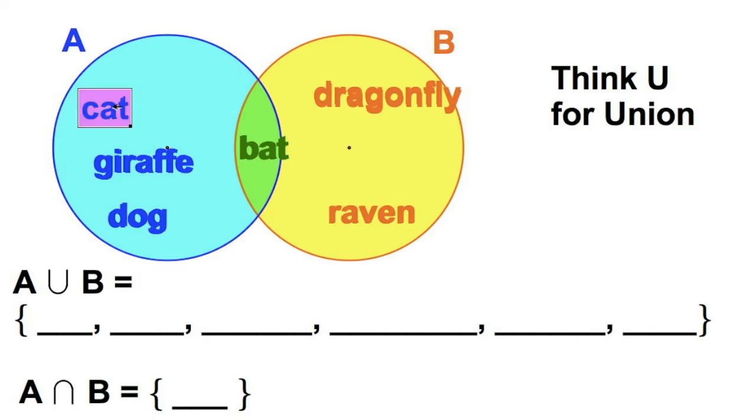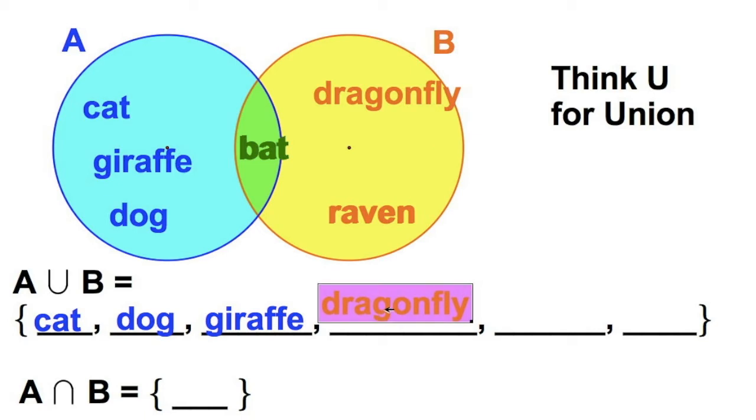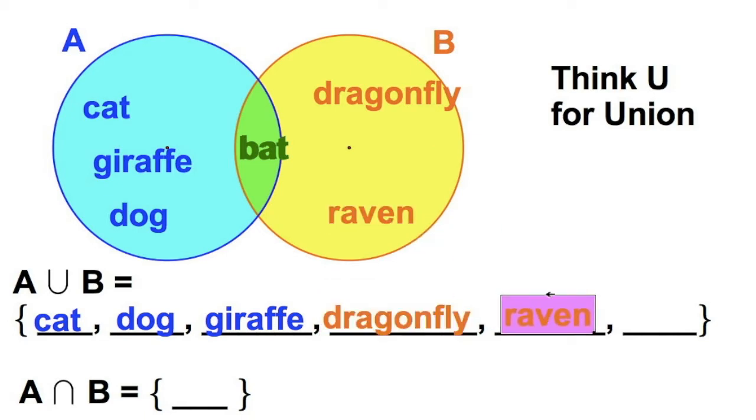I'm going to put down every single element that's there. It contains a dog, it contains a dragonfly, it contains raven, and it contains bat. That is the combination of both these two sets put together.